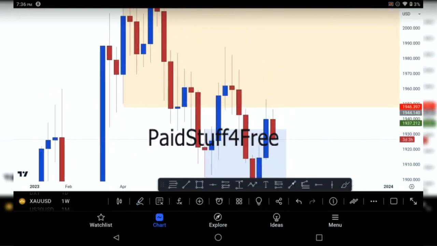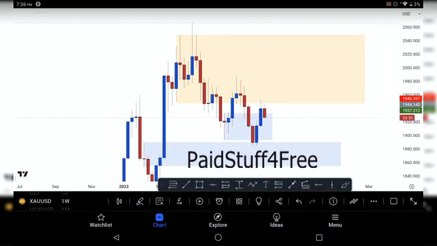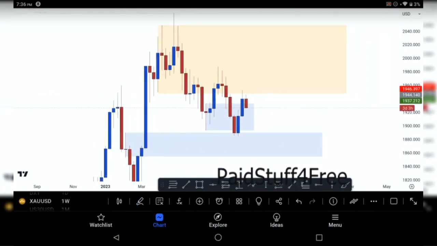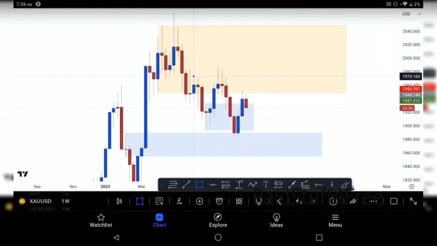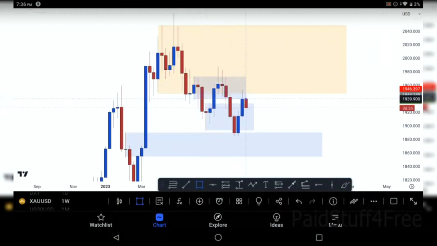Since weekly was already bearish, I really wanted daily to also turn bearish after we came inside here.